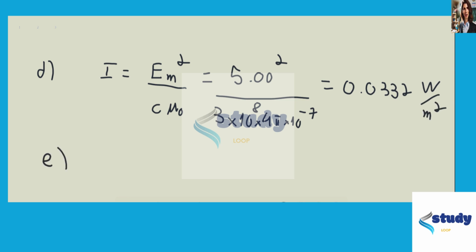And part E, they want to know parallel to which axis the magnetic field oscillates. We already did this in part A, because the only non-zero component of the magnetic field is B_x. So the magnetic field oscillates in the x direction.